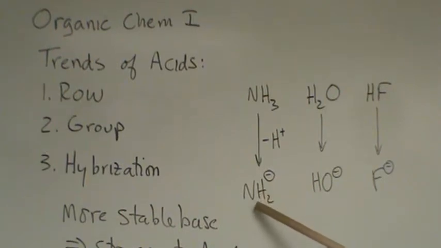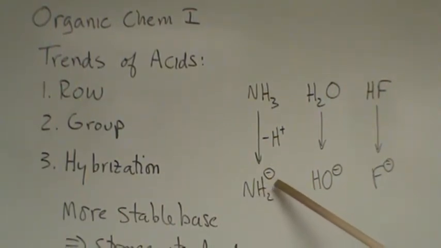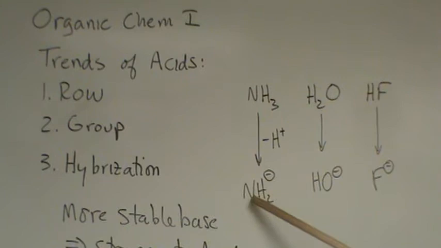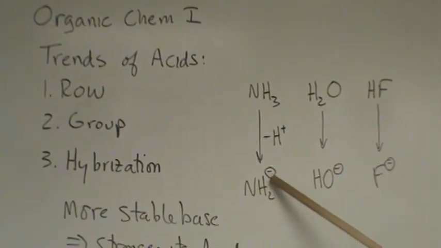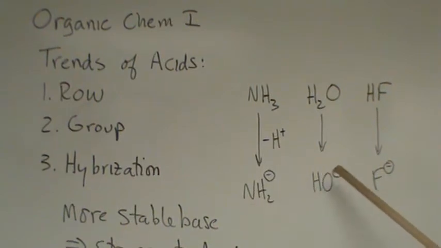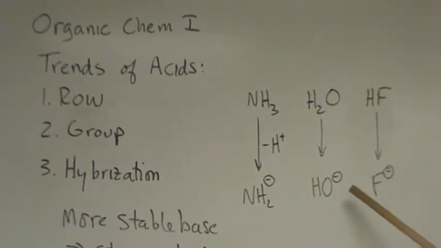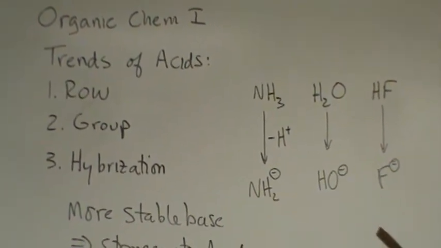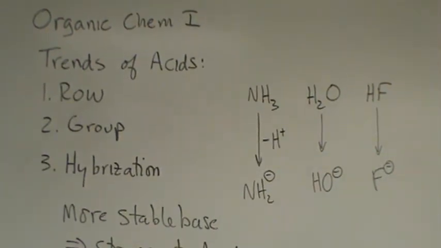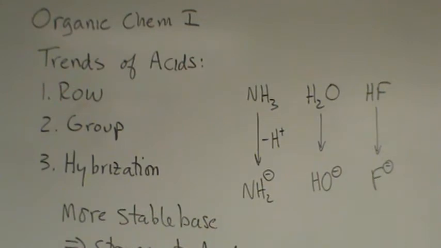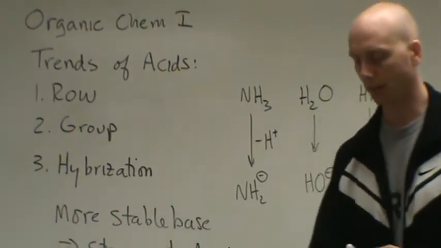So what's the difference in each of these? Well, we have a negative charge, so that's the same, but the difference is this negative charge is on nitrogen, this one's on oxygen, and this one is on fluorine. If you look at the periodic table, fluorine is the most electronegative.